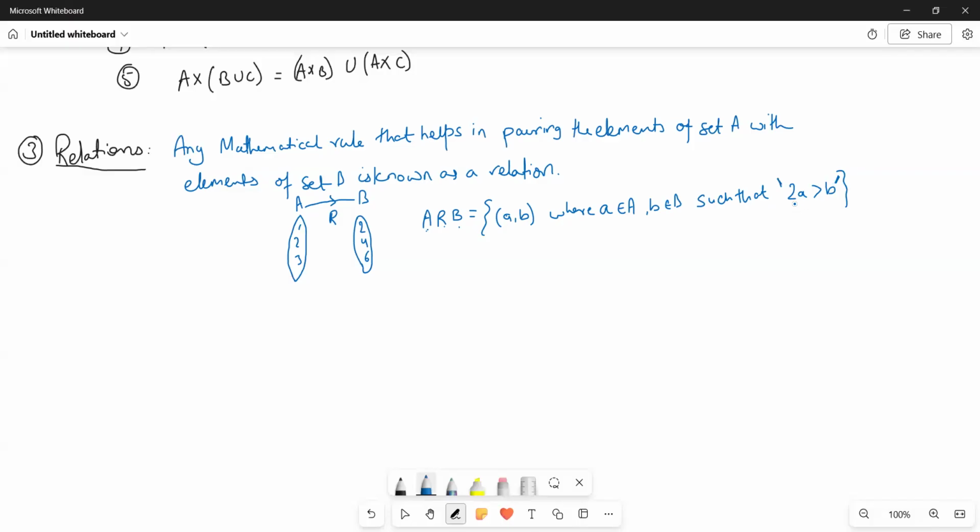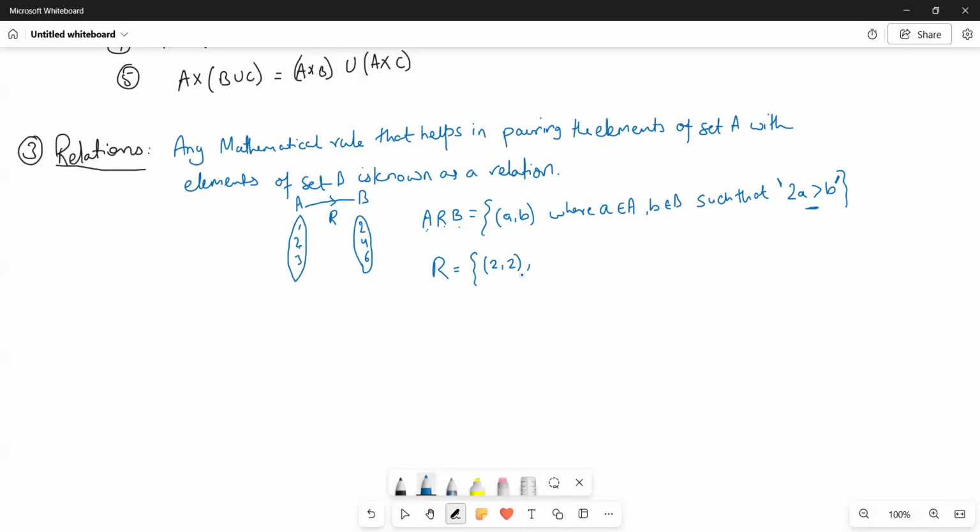The mathematical rule is twice of a has to be greater than b. So now, in accordance with this rule, what pairings can we create over here? If we put 1 here, what will come? 2. But 2 cannot be greater than any element of B. All elements of B are bigger than it, so 1 will not pair with anything. Then we see 2, the double of 2 will be 4. 4 can pair with 2. So the first pair will be 2, 2.